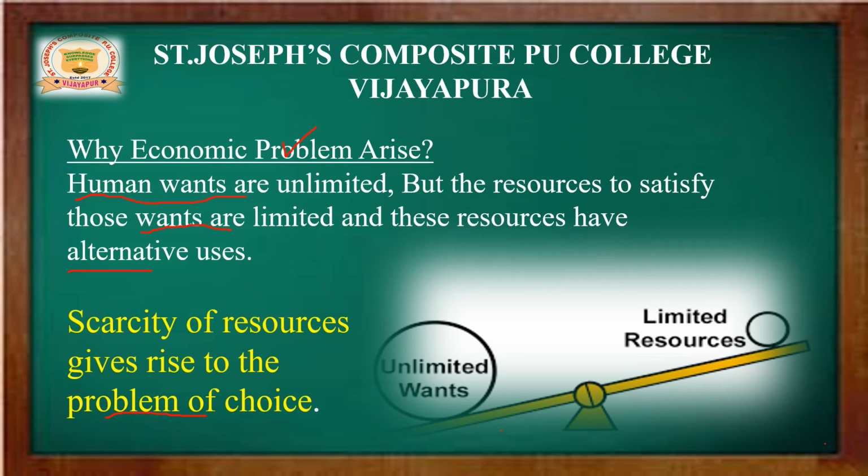Remember why the economic problem arises and how the problem of choice arises. Don't confuse: the economic problem arises only because of unlimited wants and limited resources. The problem of choice arises only because of scarcity. So this is regarding the economic problem.